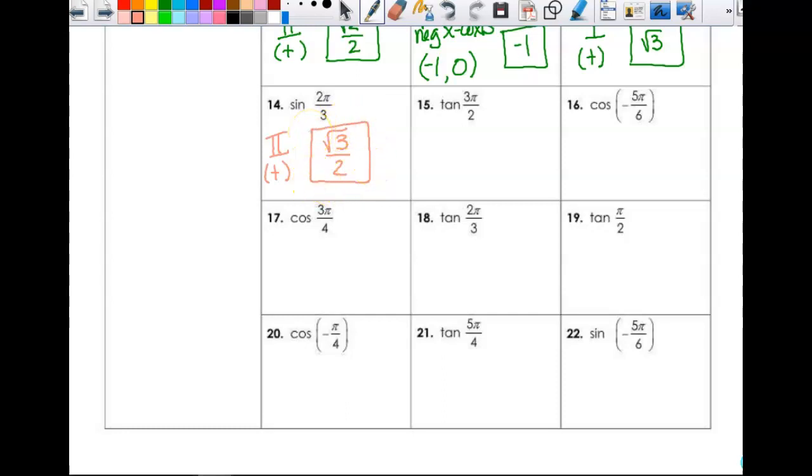Yes. Awesome. All right. Brenda, what did you get for 15? Undefined. And what quadrant are we in? Very good. Quadrantal negative y-axis. All right. Joelle, what did you get for 16?